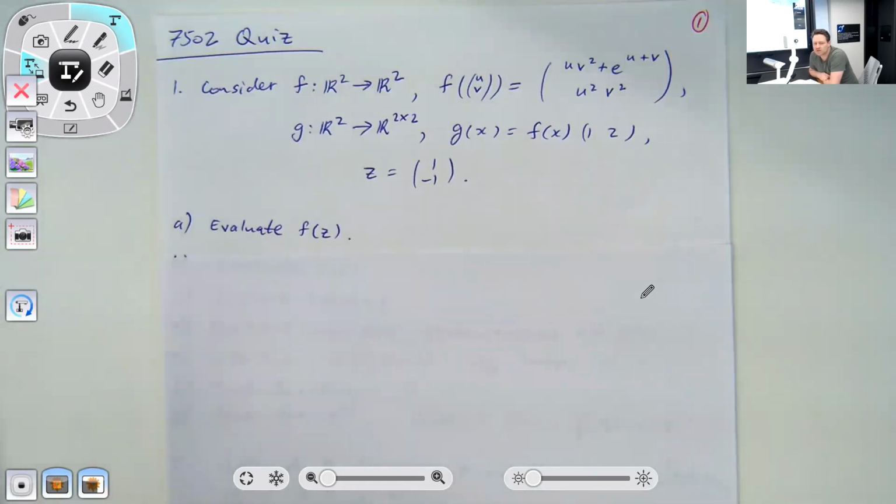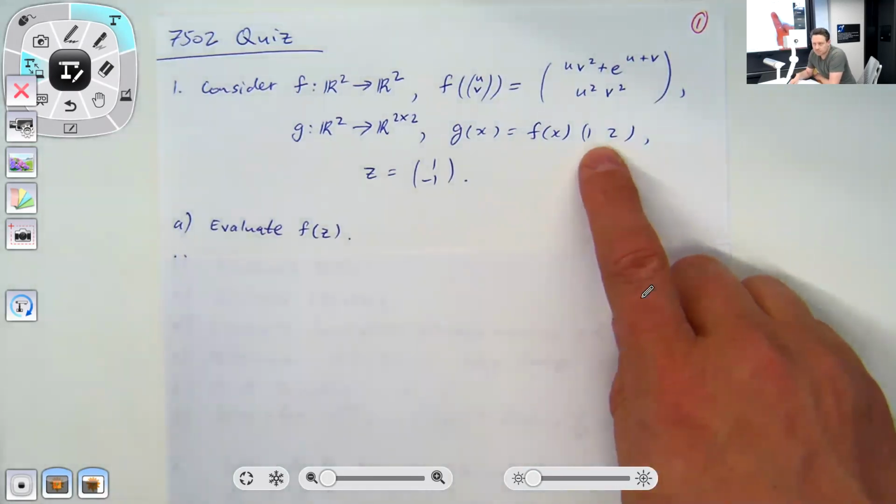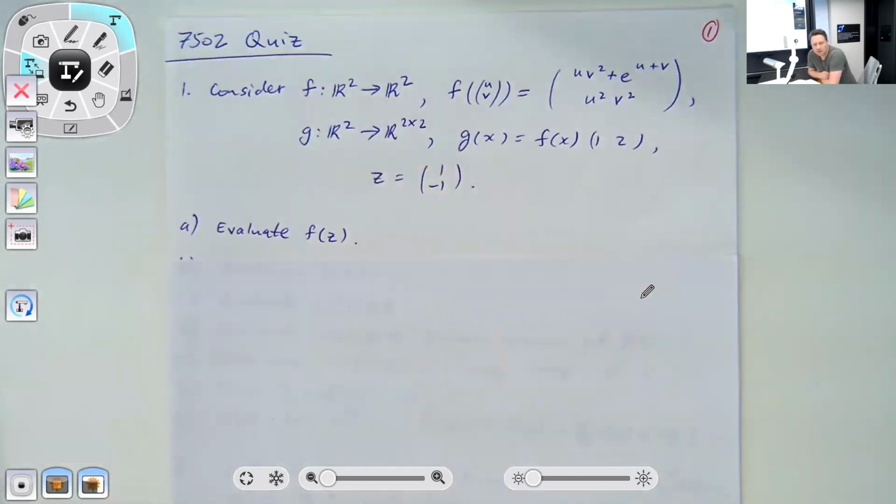Okay, so that's how we'll view this, but the map is explicitly given by g of x is equal to f of x multiplied by the row vector, or 1x2 matrix, (1, 2). Then we have a definition that z is equal to (1, -1). Okay, so part A says evaluate f of z.